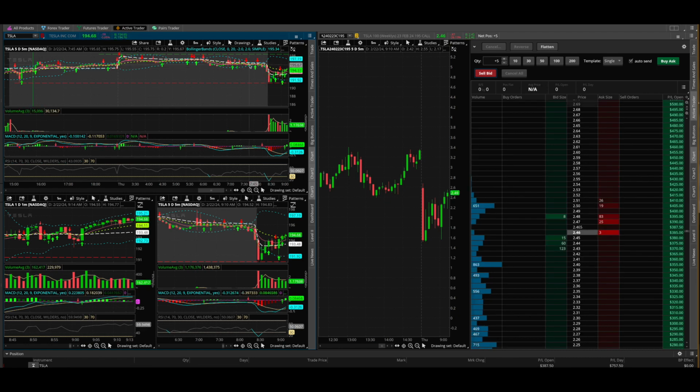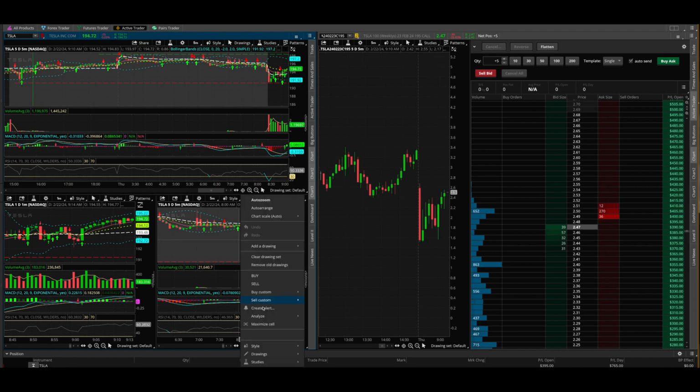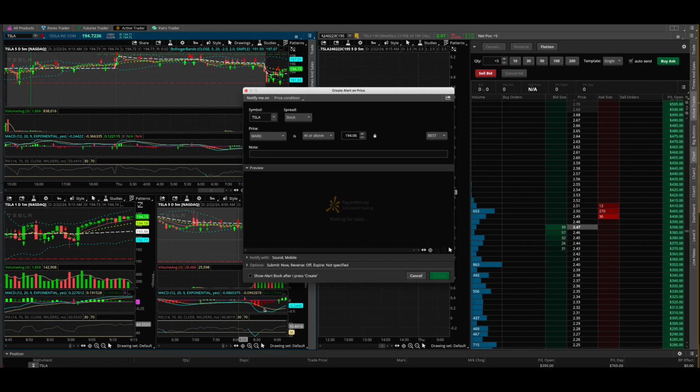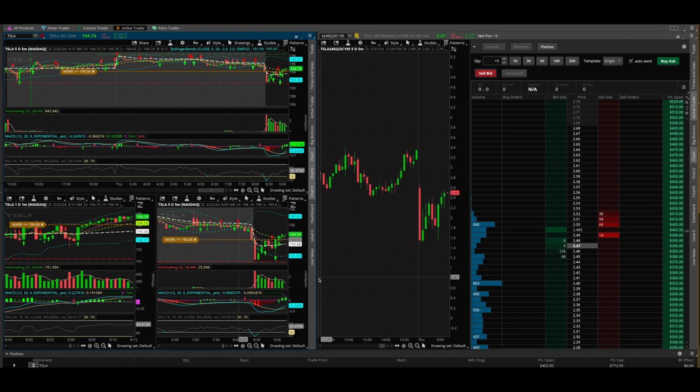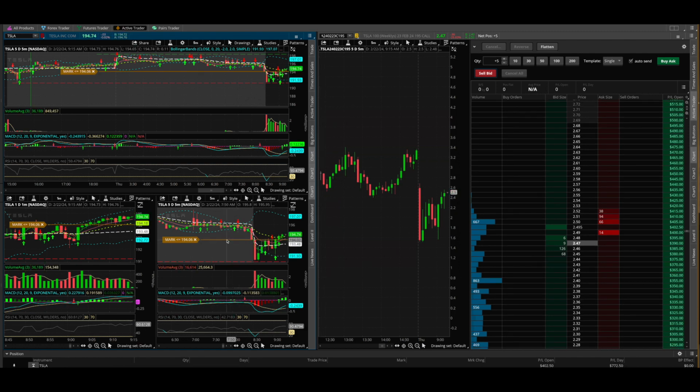Now, if I wanted to, all through the day, a little pro secret, I could go to the bottom of this candlestick here at the stem, right click, create alert, and I could say, okay, at or below that, give me an alert, and it'll send that to my phone.